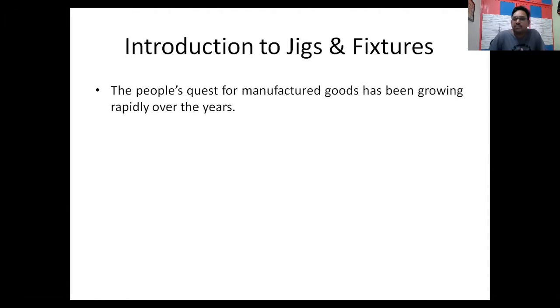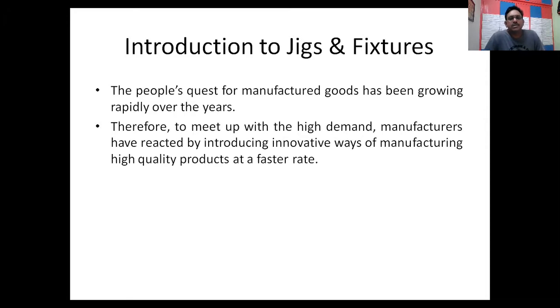The rate of manufacture should be very high, and it has been increasing over a period of time. To meet this high demand, manufacturers have reacted by introducing innovative ways of manufacturing high quality products at a faster rate.